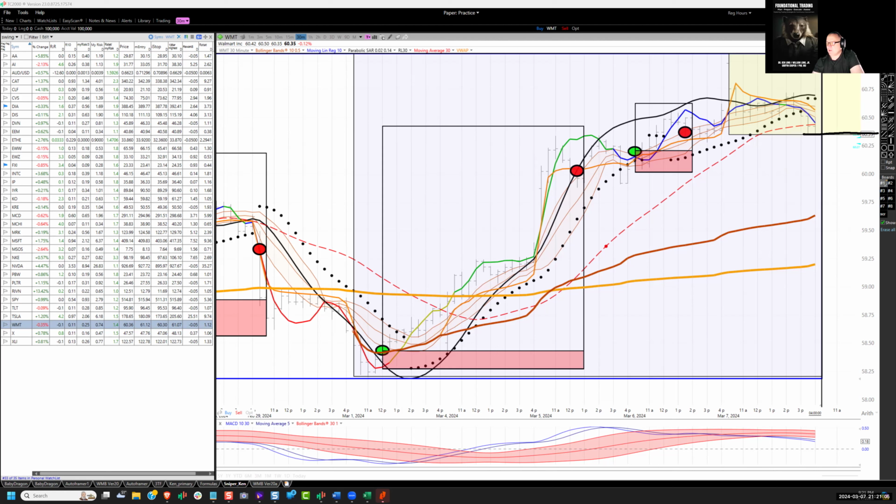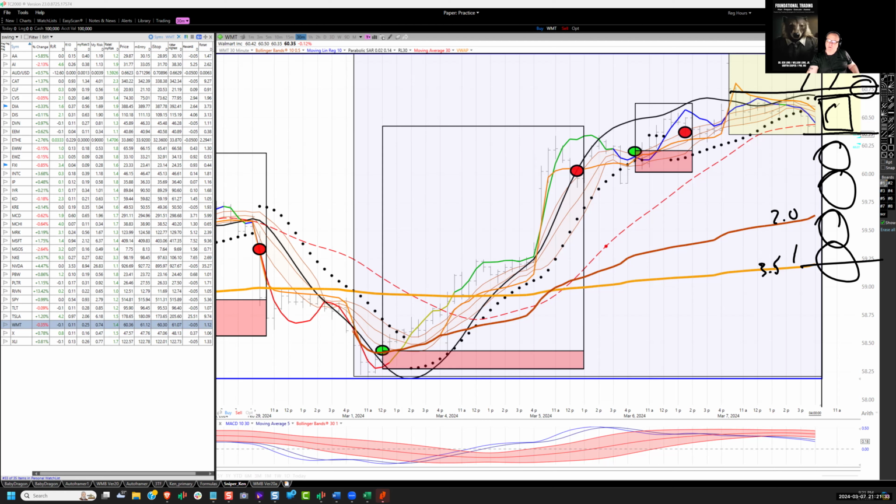Because watch, if you got short at 60.35 and put your risk box here, that's 3.5 to here, and it's 2 to here. That's perfect. And then if it breaks out above 60.75, you can't be afraid to buy Walmart when it's free and clear.